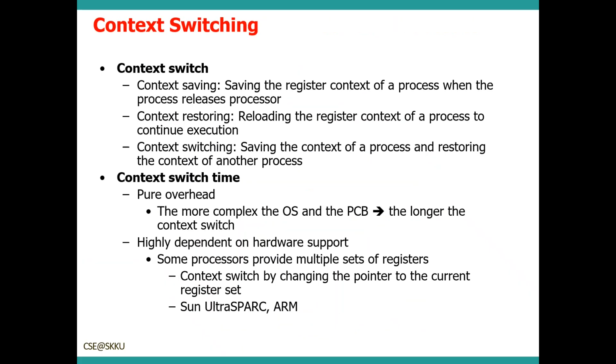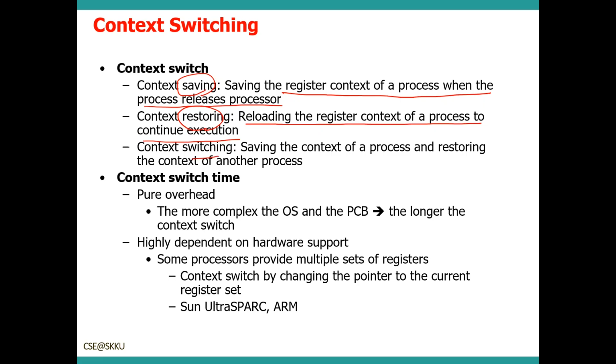Context switching includes context saving and restoring. The register context of the process releasing the CPU must be saved, and context restoring will reload the register context of the process to continue execution.